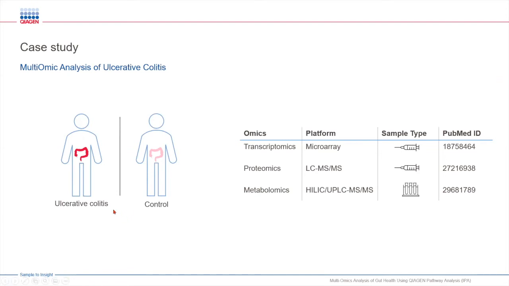So this can provide important information to understand the pathogenesis of ulcerative colitis. And this information can then be used to generate therapies for patients with this disease or other gut-related diseases. So let's see how we can leverage IPA to analyze this multi-omics data.